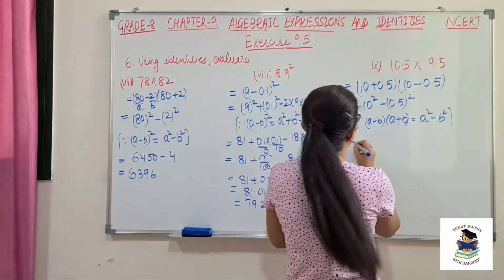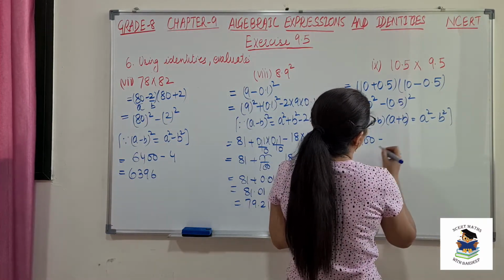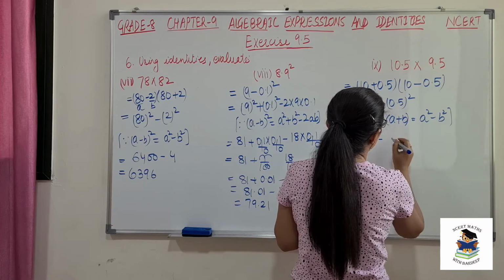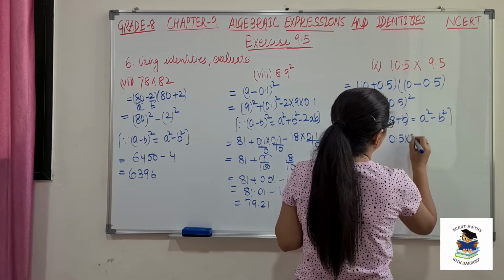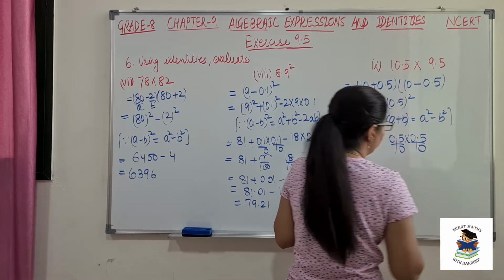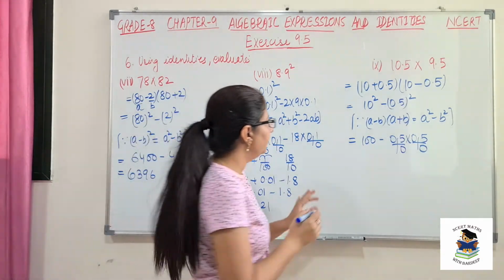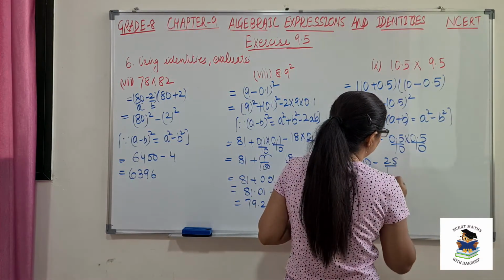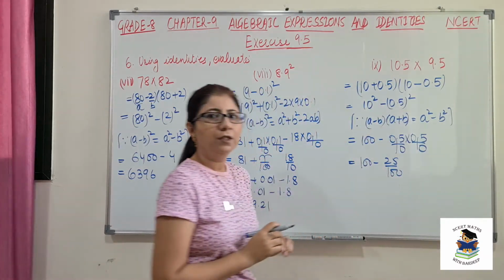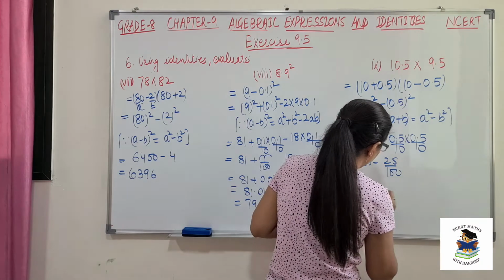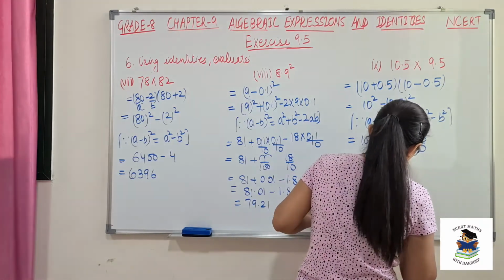So now let's solve it. 10 square means 100. 5 square is 25. So first let me write in a simple way, that is 0.5 into 0.5, and then my signature step, first I will remove the decimals. So this is 100, 5 into 5 as 25, 25 by 100. So we will get 100 minus 0.25.